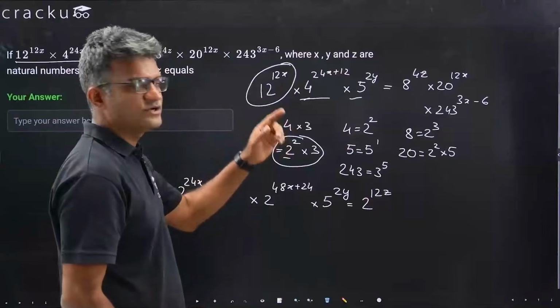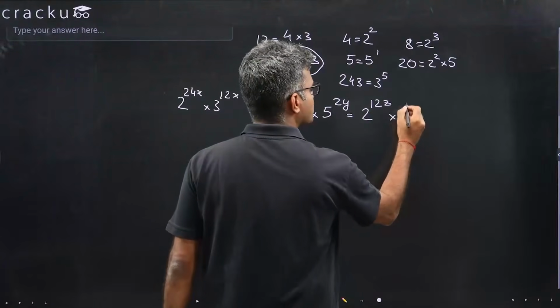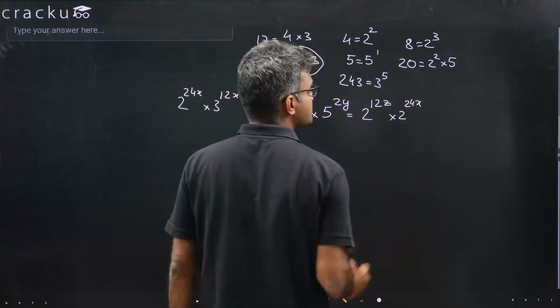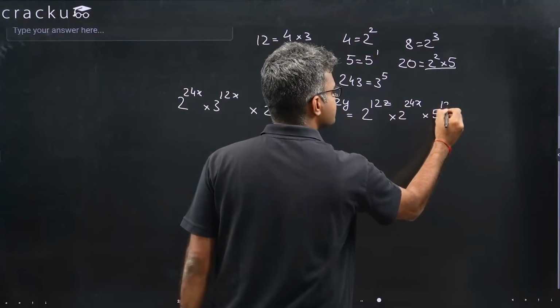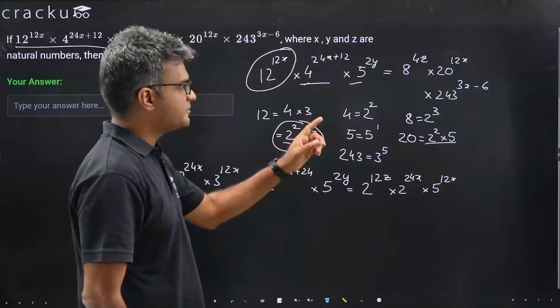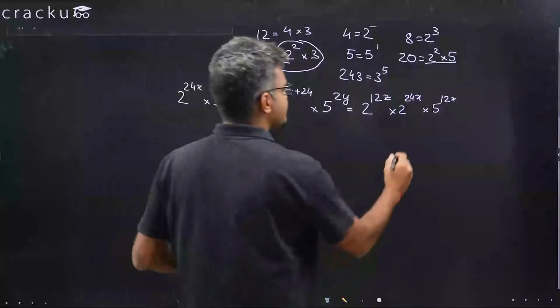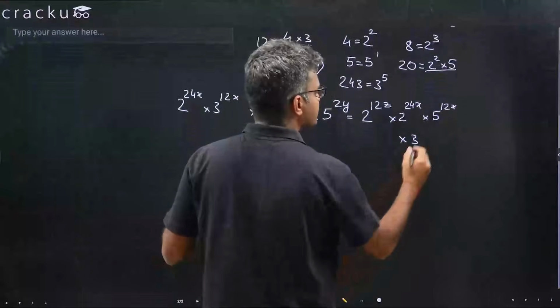Then we have 20 to the power 12x. This is 2 to the power 24x into 5 to the power 12x, because 20 is 2 square into 5. And we have 243 to the power 3x minus 6, which is 3 to the power 15x minus 30.